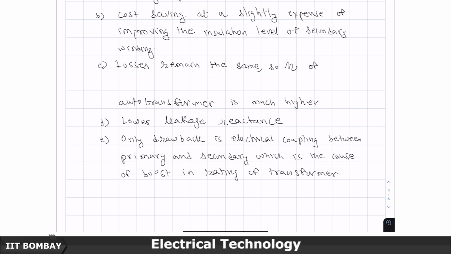The electrical coupling is more, but space is also saved. The larger the single phase transformers you make, the more iron and copper you need, and they become bulky. So many substations in the transmission system actually use autotransformers for their work.